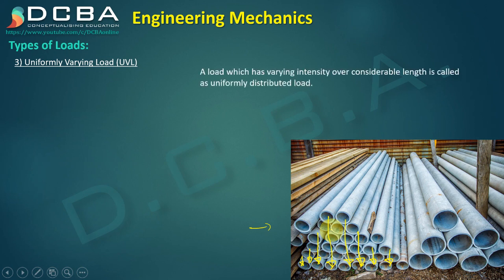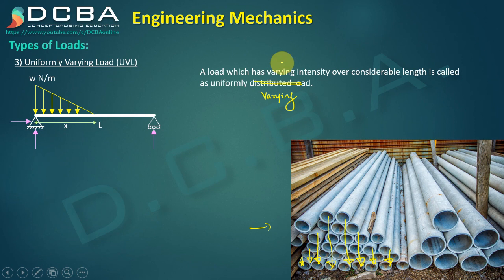So a load which has varying intensity over a considerable length is called a uniformly varying load, and it is shown something like this, where we have an intensity of W at this end, and then it is constantly varying, and here we have an intensity of 0. Okay, so this kind of loading is called a uniformly varying load, or a UVL.